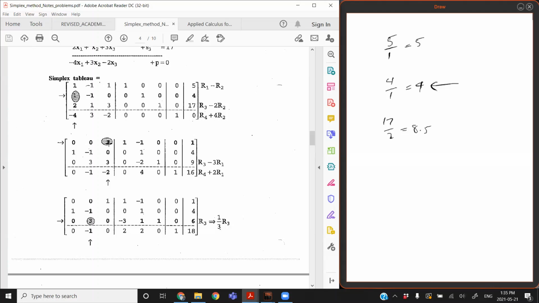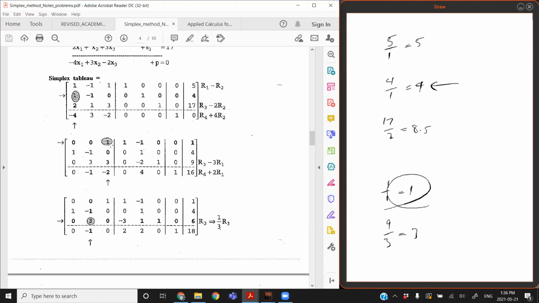So between 1 and 3, if I divide 1 by 1, I get 1. If I divide 9 by 3, I get 3. So 1/1 is 1, 9/3 is 3. This is smaller, so that's my next pivot position. And again, I'm lucky, I have a 1. If I don't have a 1, no problem.